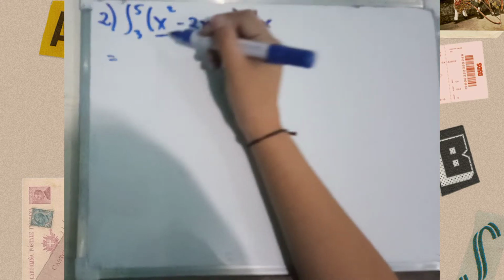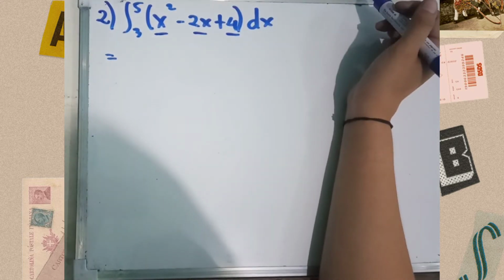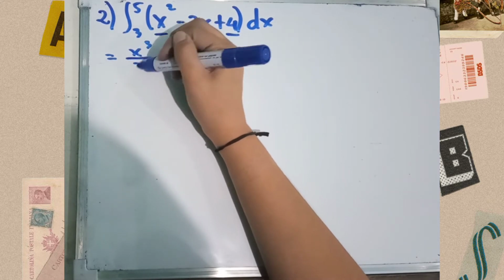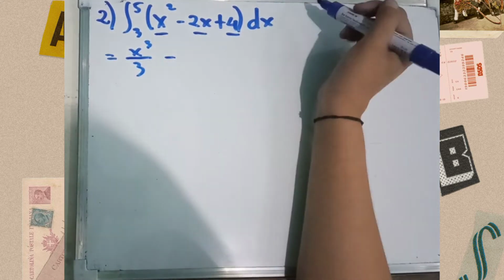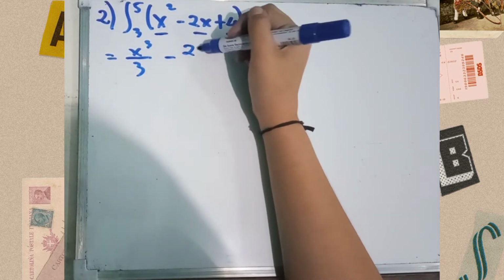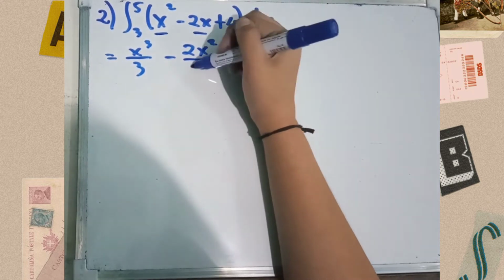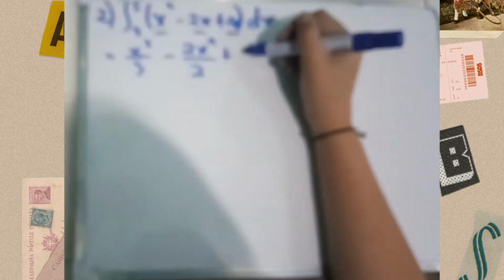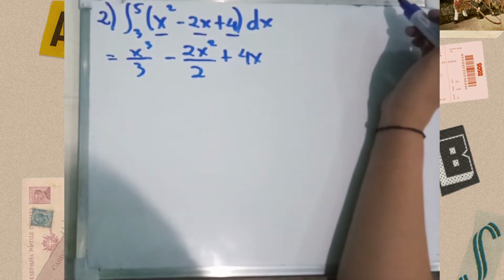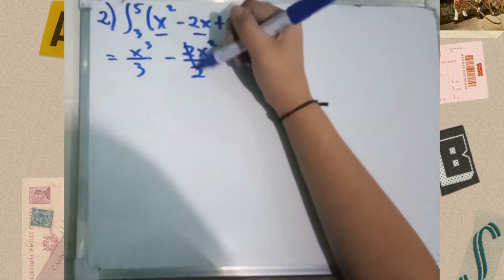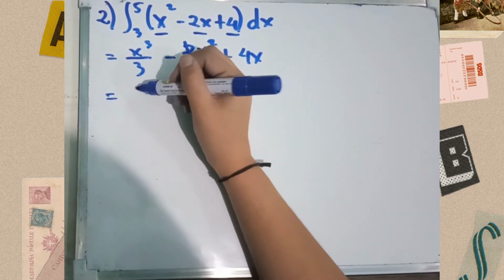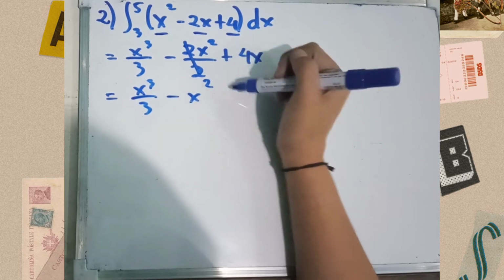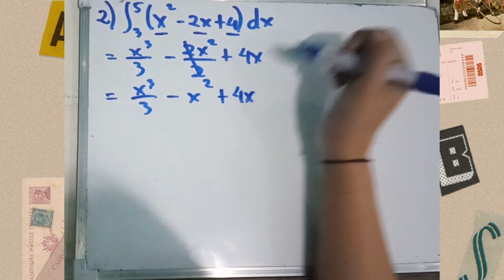Starting with x squared, applying the power rule, that is x cubed over 3, minus 2x squared over 2, plus the integral of 4, which is simply 4x. Now we can further simplify this: x cubed over 3 minus x squared plus 4x.